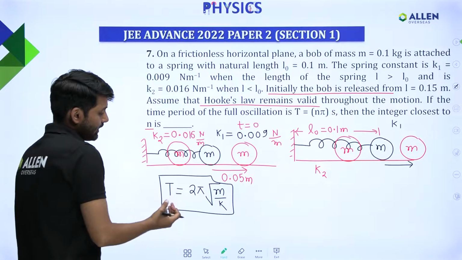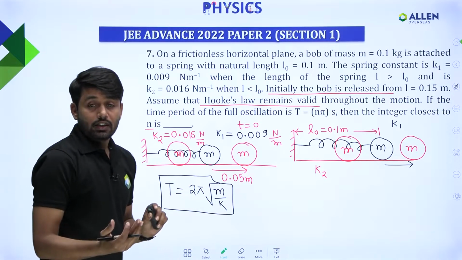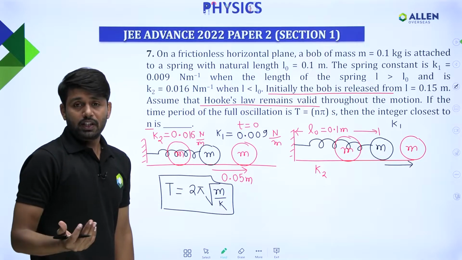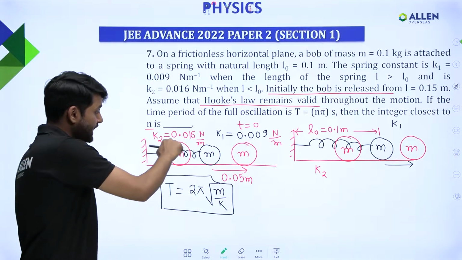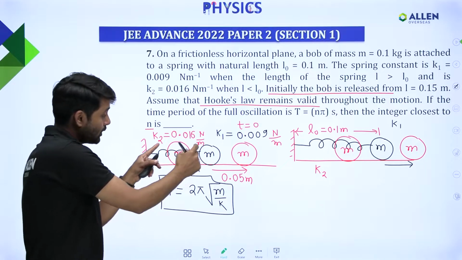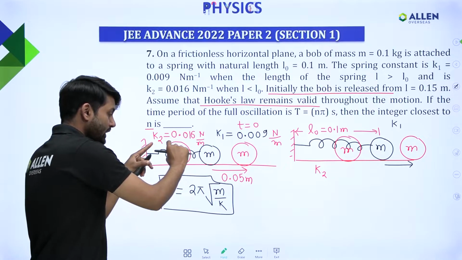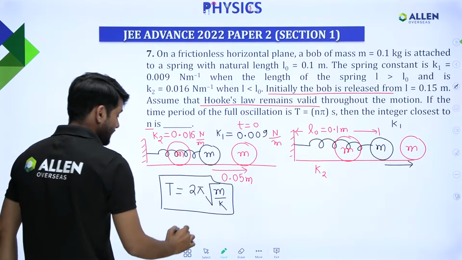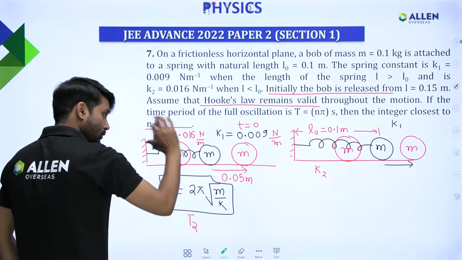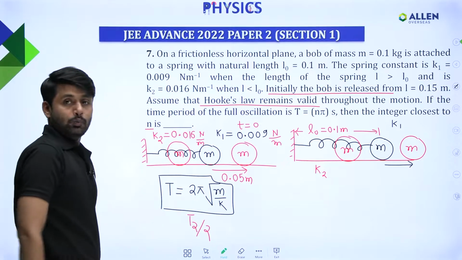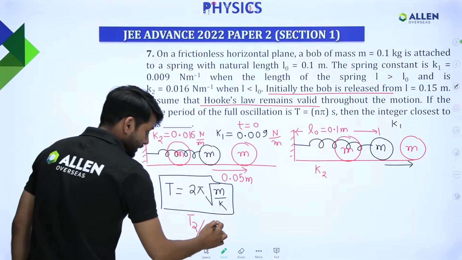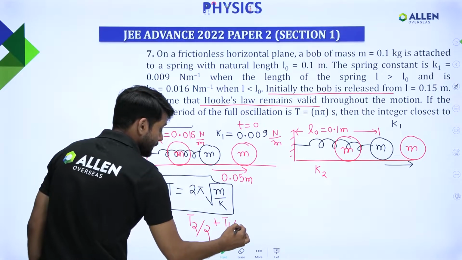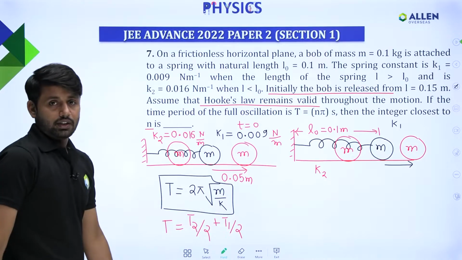If the time period of the complete SHM with K2 is T2, then for this half part it is T2 by 2, and similarly for the other half part, with complete time period T1, it is T1 by 2. So this is your complete time period.